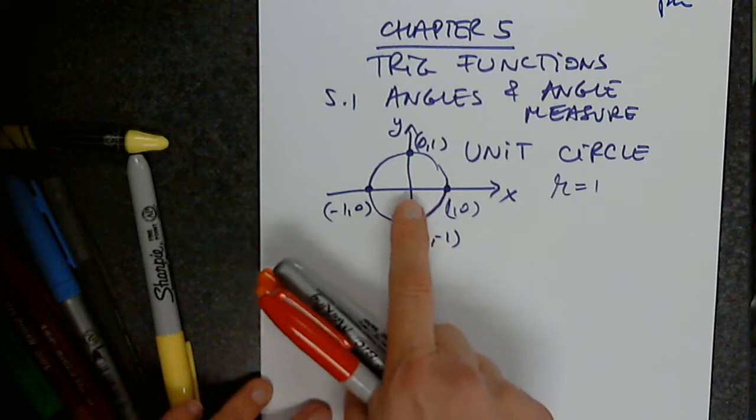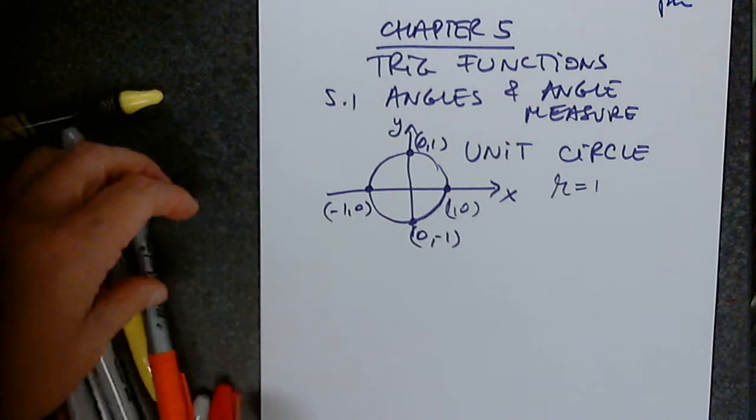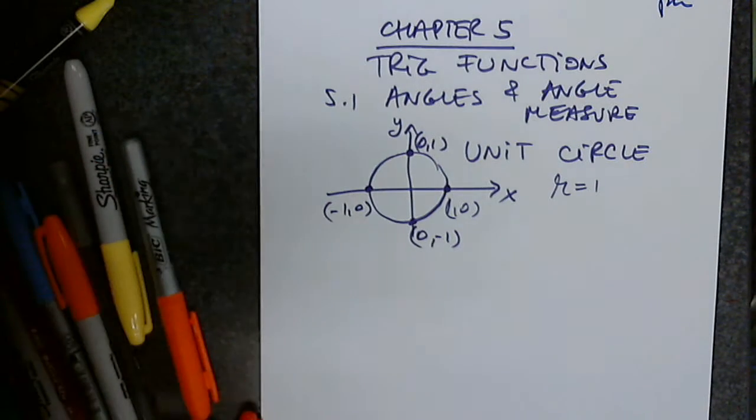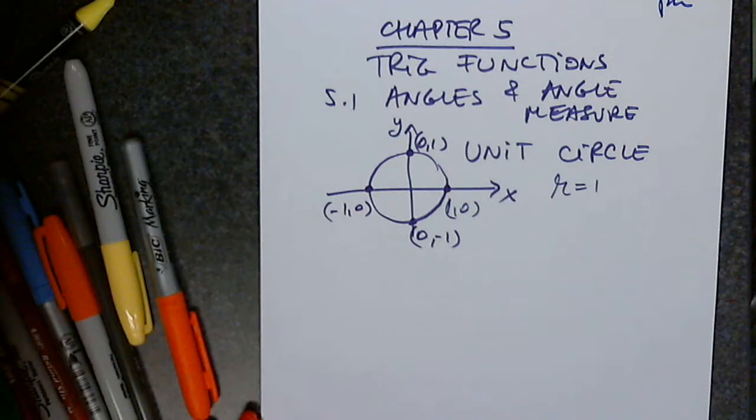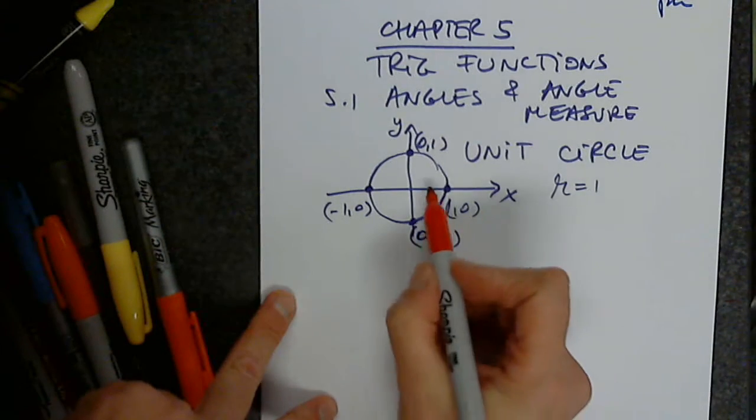The unit circle, as I said, has a radius of 1, and it will make it easy to determine the trig functions, and I'll explain what that means today.